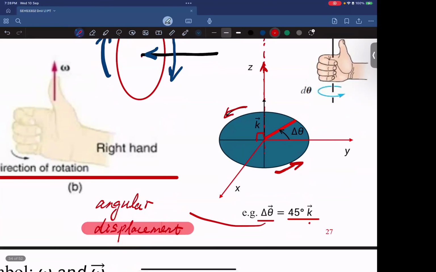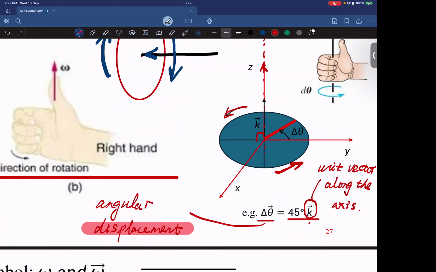We do not need clockwise or counterclockwise anymore. As long as we know the axis, we can use a unit vector along the axis to solve the problem. K is a unit vector along the axis.